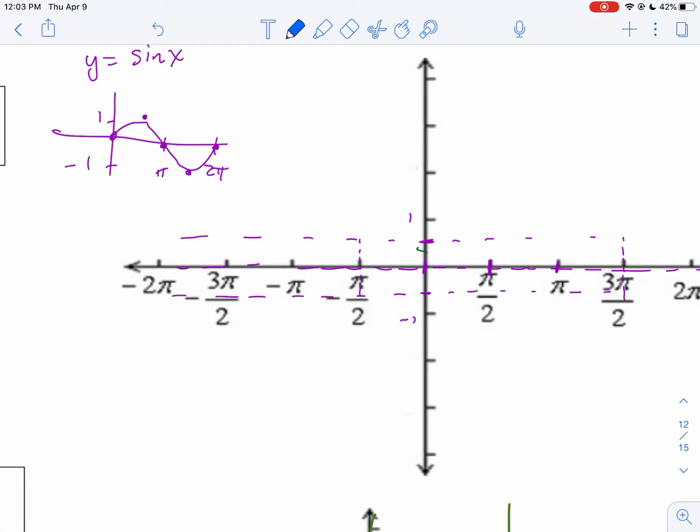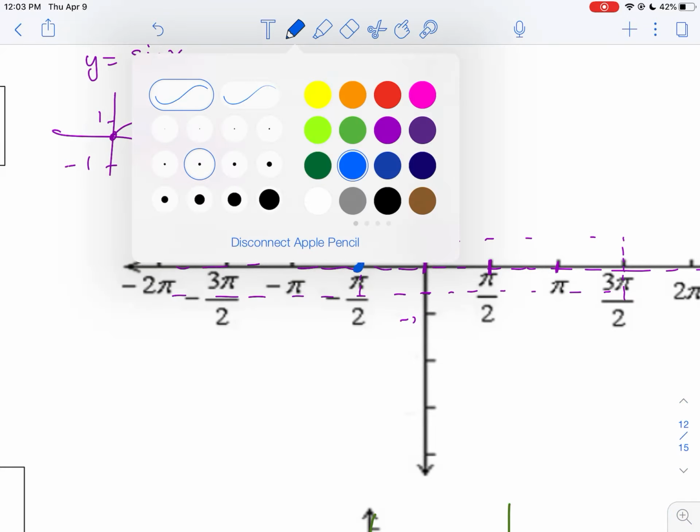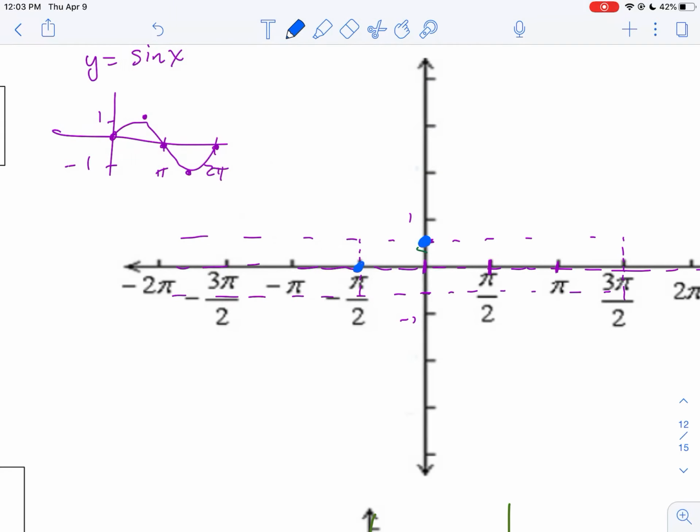So here we go. I'm going to graph, and maybe I'll do it in blue. I normally would start at 0, 0, but since it's been shifted left, I'm going to start here at 0, pi over 2. Then I'm going to go up. Instead of going up to 1 like I normally would, I'm going to go up to 1/2, back to 0, down to 1/2, and back to 0.